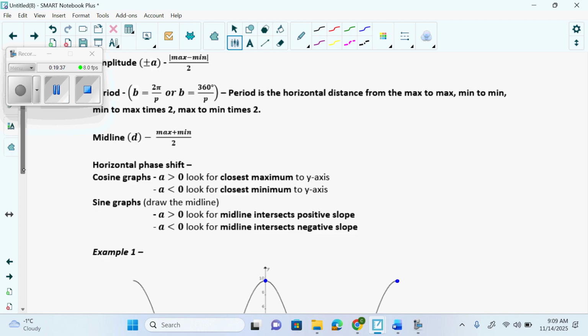So if I want the average, the mean of this graph horizontally, I'm going to take the min and max, add them up, and divide by 2. Not the absolute value, because if the whole graph is below the x-axis, your midline is going to be negative, correct? So we can't take the absolute value of it, then it would be wrong. You take the absolute value for amplitude because it's a distance, but for midline, we just add up the max and the min. We find the average between them, the middle score, right, is what we're doing.